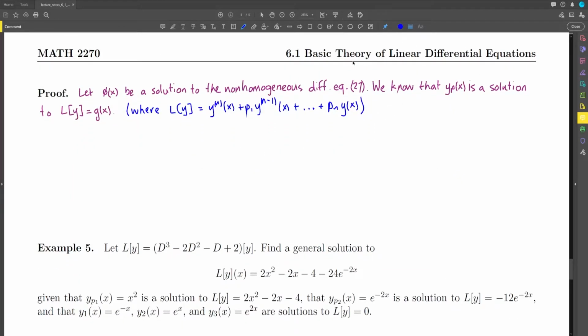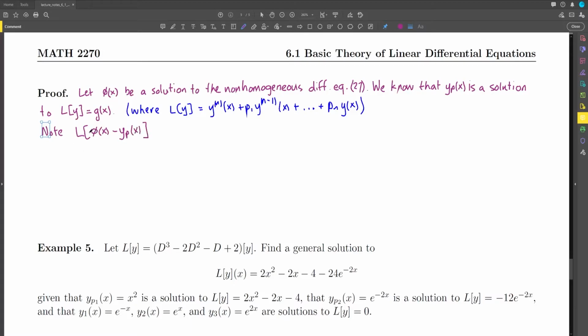Okay, so now let's take a look at what we know when we apply the differential operator to the difference of phi of x and the particular solution.